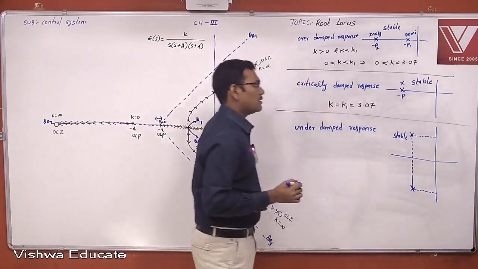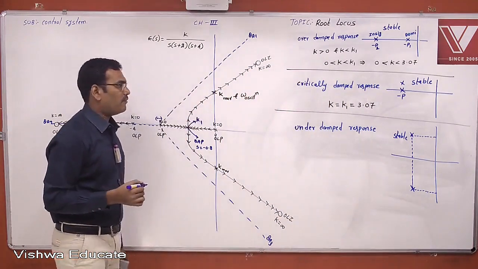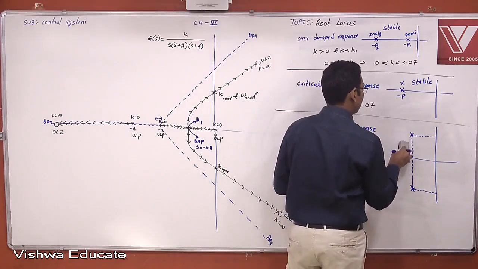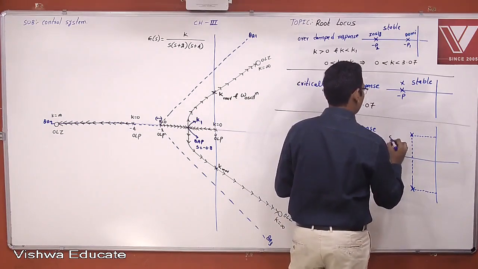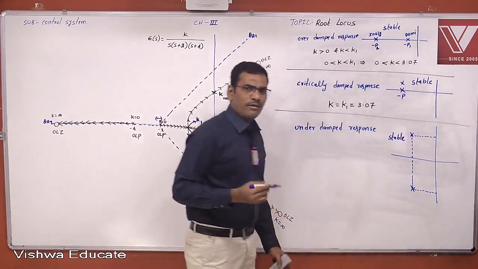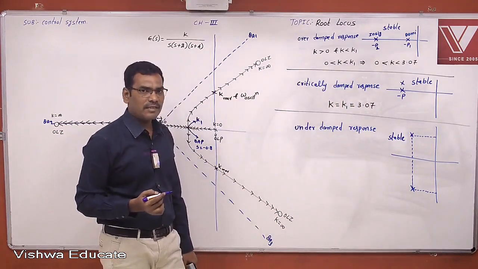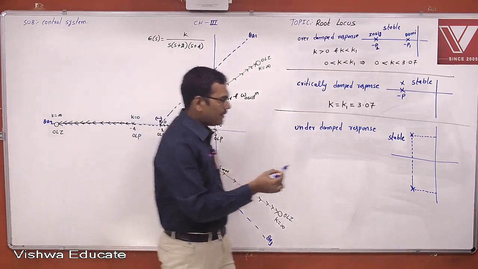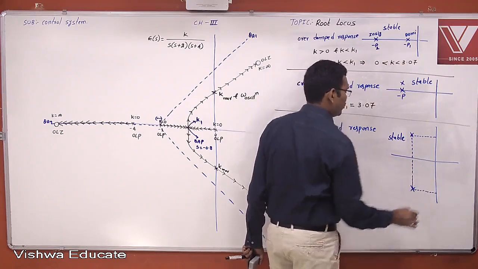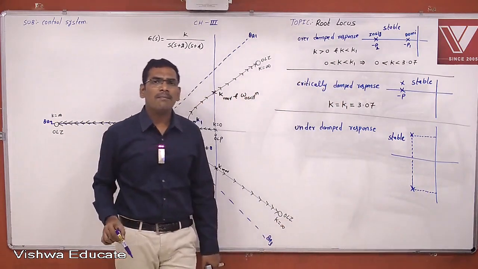Now the pole is stable and lies on the left hand side of the S-plane. So when the pole is on the left hand side of the S-plane, it should have a negative real part and a positive imaginary part, which means complex conjugate poles.